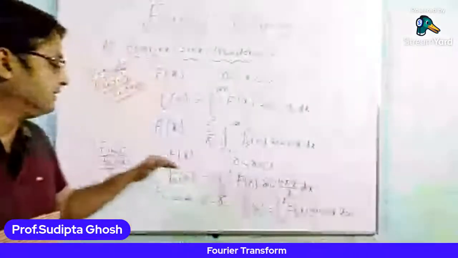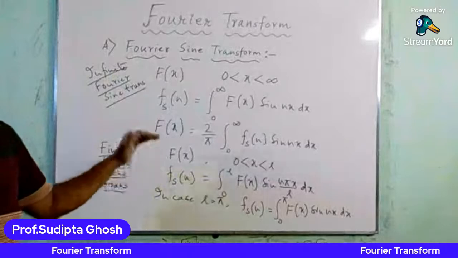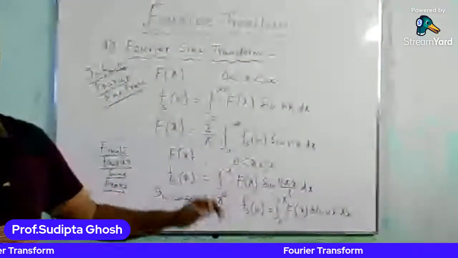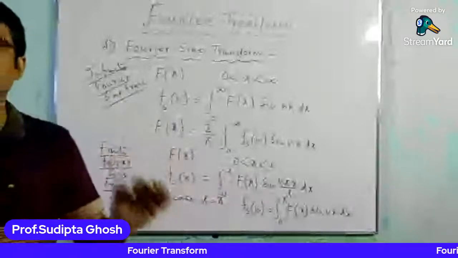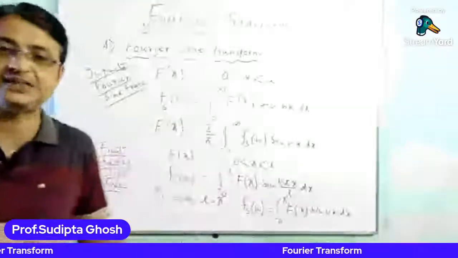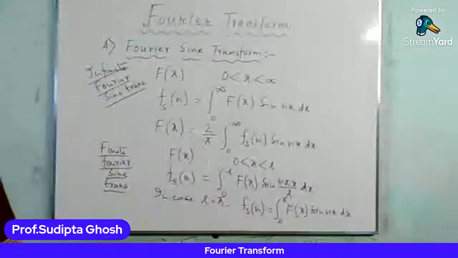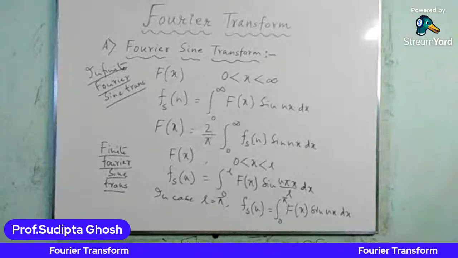But remember, this is actually the general form, where Fs(n) equals integral 0 to L f of x into sine n pi x by L into dx, and the special case is when L equals pi, then we have this value of Fs(n).